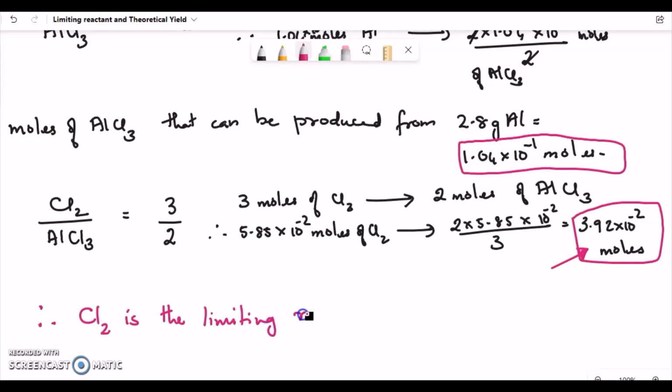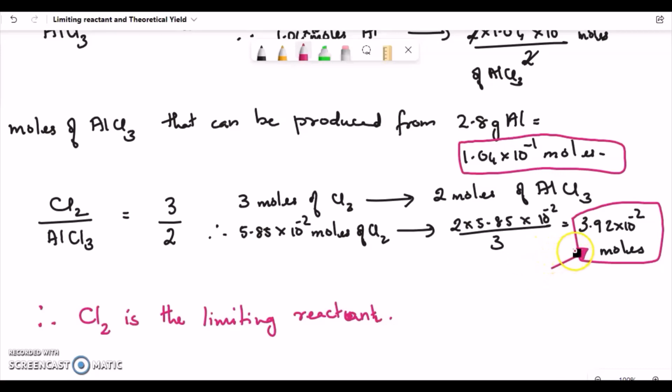In this particular reaction only, because the amount of chlorine taken will be fully consumed by the amount of aluminium that is taken, and there will still be some aluminium remaining after the reaction. So chlorine, when it is consumed completely, will stop the reaction. That is why it is called the limiting reactant.